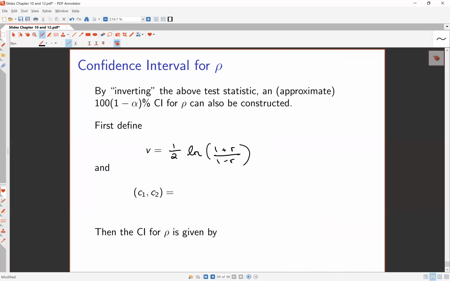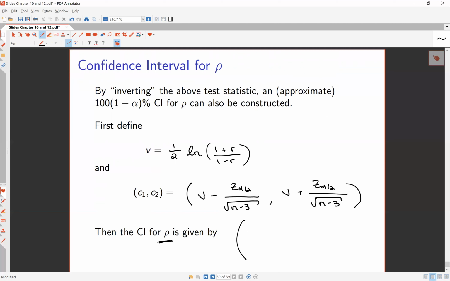We then calculate numbers C1 and C2, defined as v minus z tail value over square root of n minus 3, and v plus that same tail value over square root of n minus 3. And we can then convert this to a confidence interval for the population correlation.